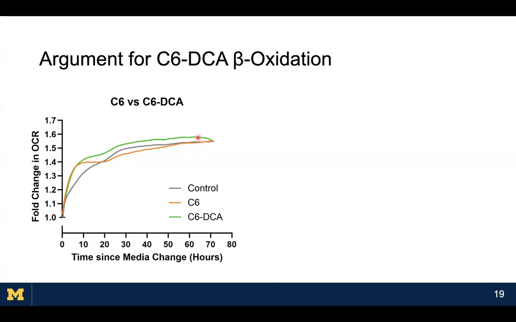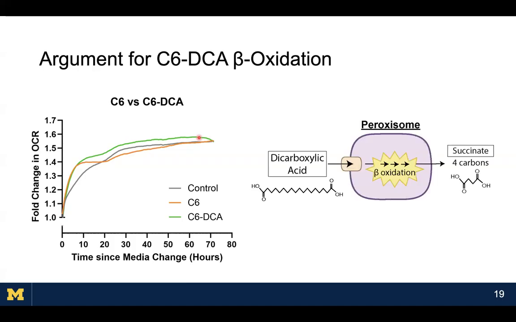So this is really niche, big news in a small field of research to suggest that peroxisomes beta oxidize dicarboxylic acids all the way down to succinate, which is a 4-carbon dicarboxylic acid that is also a TCA cycle intermediate.